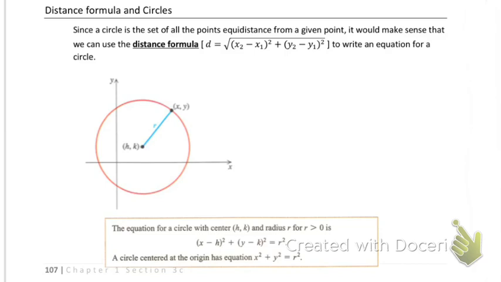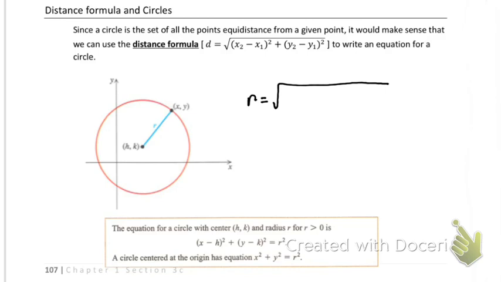So that's exactly what we're going to do here. We're going to come up with the distance formula from here to here to come up with our r value. So in this case, our r value is going to equal the square root of the distance between the center and that point x, y.